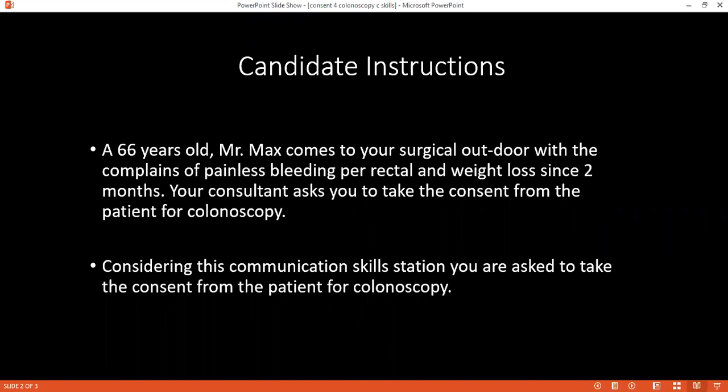It's attached to a tube that will be passed through your back passage and into your rectum, into the lower part of your large bowel and into the large bowel itself. It will help us to look at everywhere within your large bowel and determine exactly where you have the problem for which you are having this bleeding and the weight loss you complained about.